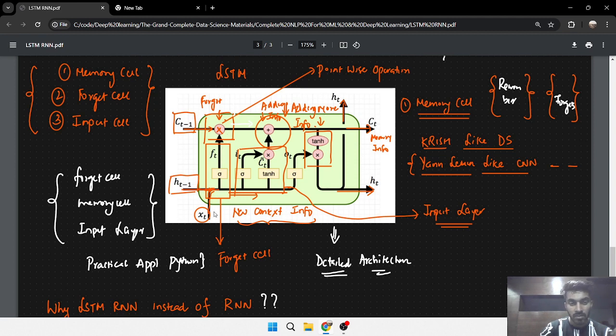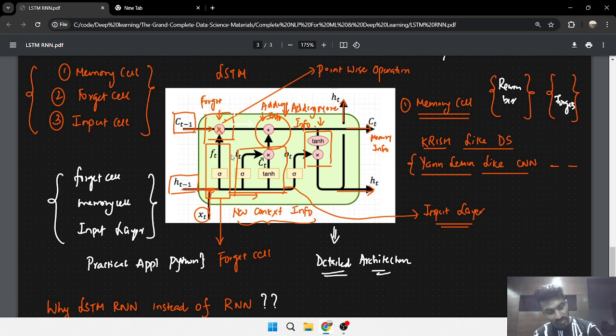Here you have the short term context vector and new information will be passed, and you have already old information, and we have applied a point wise operation, a cross operation we can say. This operation is known as the forget cell.